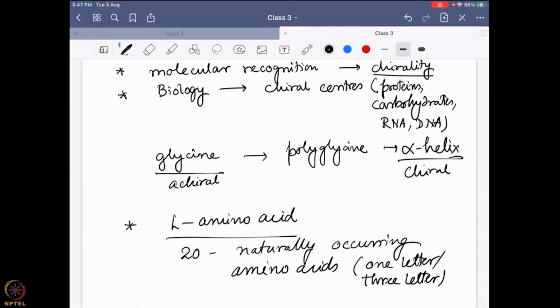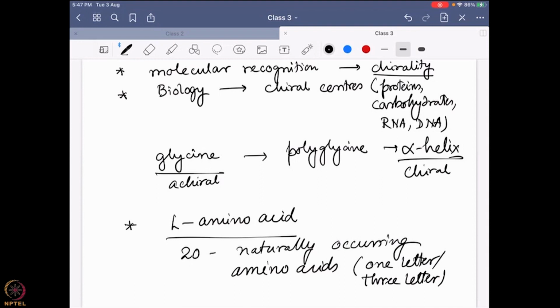So the first question is, if I look into biology, in biology you'll find L amino acids are the predominant ones. If you find any amino acid in biology, or it is coming from a biological origin, you'll find it is L in nature, and the L term defines that it has a particular spatial orientation of the carboxylic acid group, the R group, and the NH2 group.